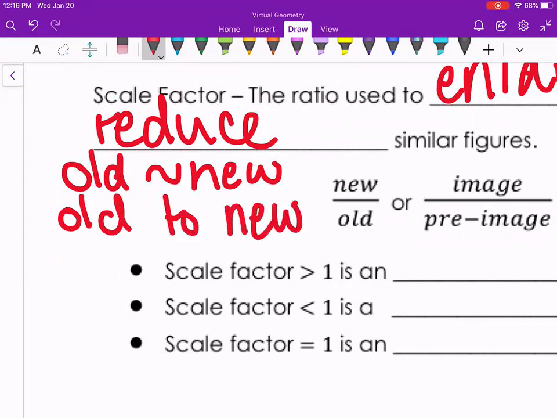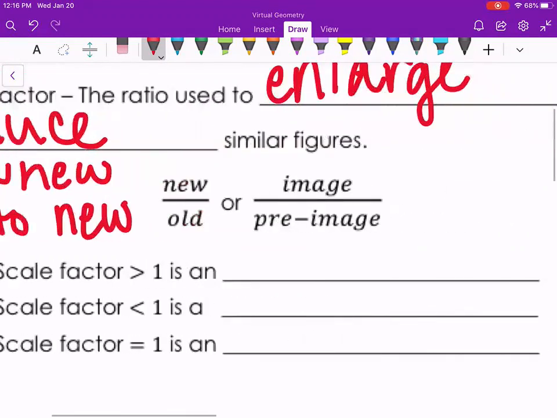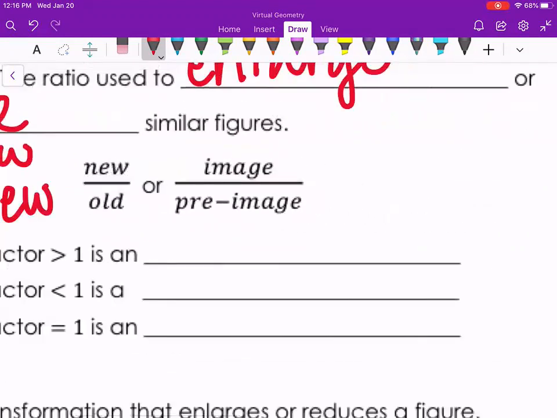It just depends on the phrasing of your sentence. There are also ways to tell from the pictures. Your new shapes will have apostrophes with them, or what we call primes. If I have an A with an apostrophe, it's read as A prime. We'll see more of that when we get into our actual figures.